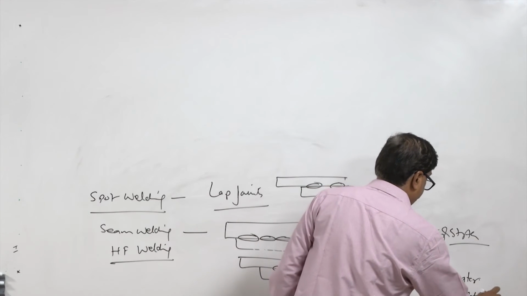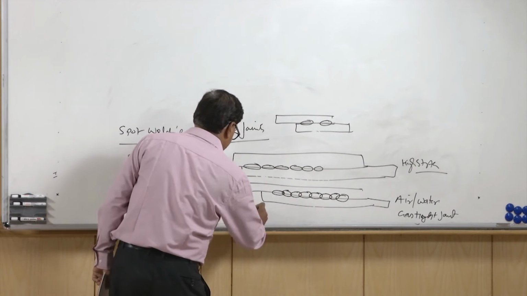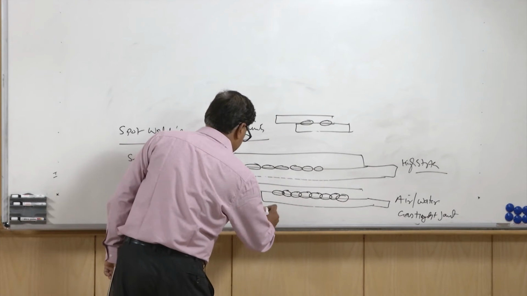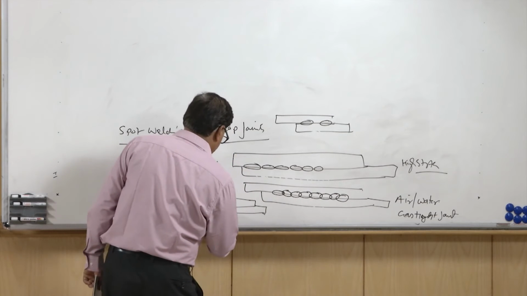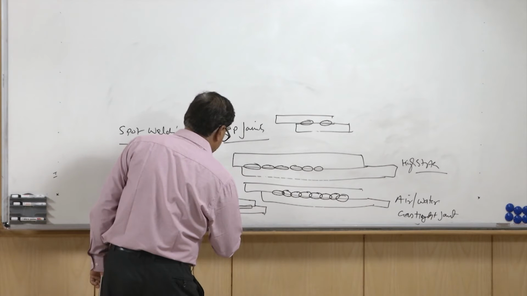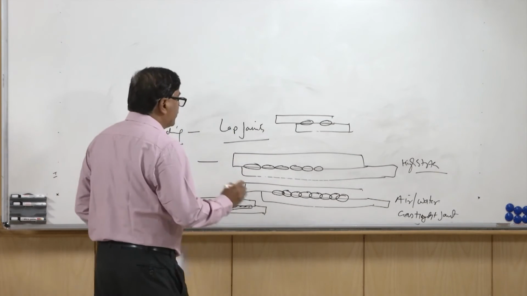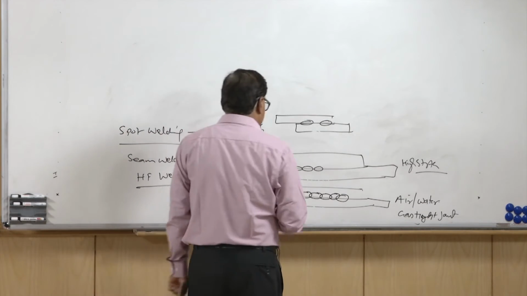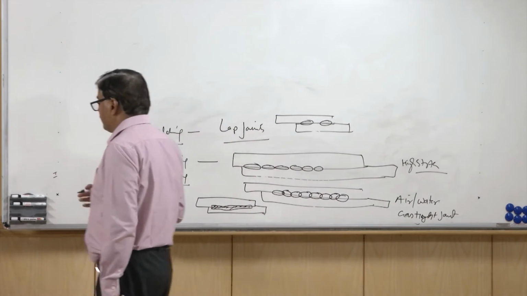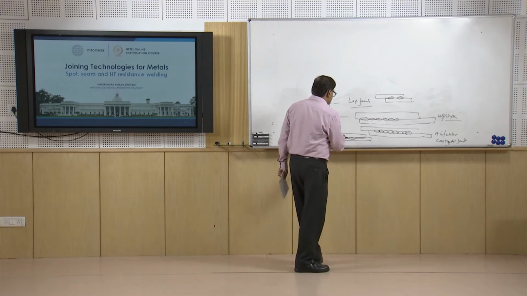joints. In case of the gas tight joints, what we will see is that there is a continuous nugget formation. So, when overlap is more than 50% and the nugget is formed continuously, and for this purpose mainly the rollers are used, which will be fed with the desired current, which may be continuous or may be fed intermittently.